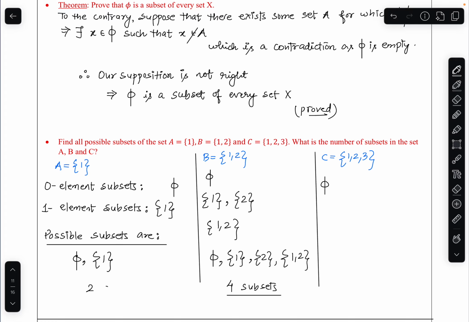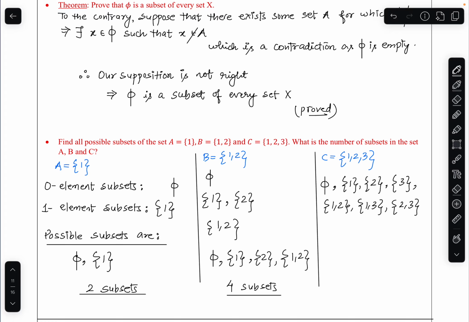Here they are 2 in number, and then the last one, it's the 0 element set. I'll write the 1 element sets now. So this one, and then the one which has 2 in it, and then the one which has 3 in it. So I'm done with the 1 element subsets. Now I'll write the 2 element subsets, 1 comma 2, 1 comma 3, 2 comma 3.